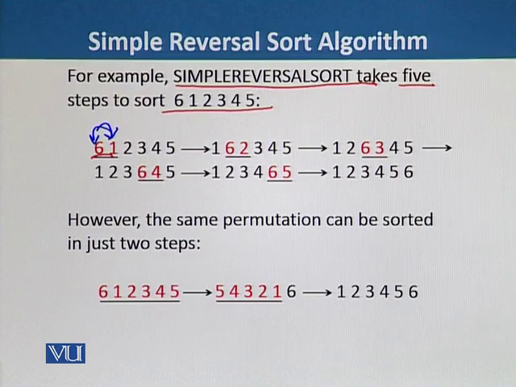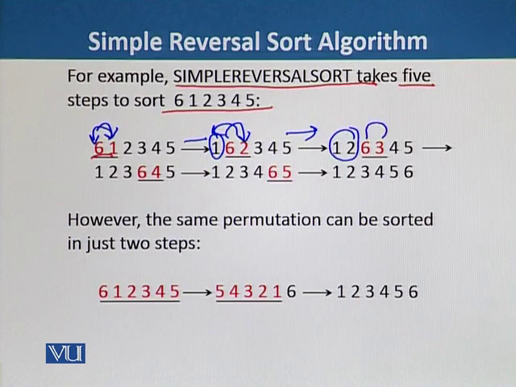So we get 1 before 6, and in the second step 6 will be replaced by the number 2. We can see that in the second step 2 will come after the 1. In the third step 3 will be replaced by 6 and 6 will come in the place of 3. So 3 will come here and 1, 2, 3 will be in order.